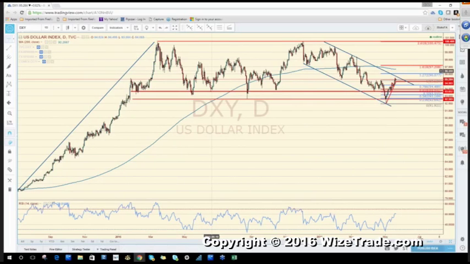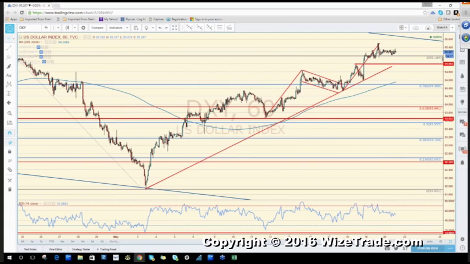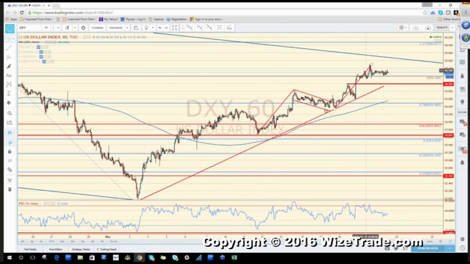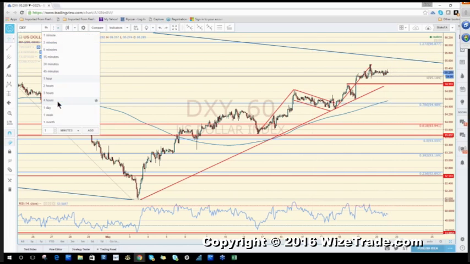Here's the dollar index. Now on the dollar index, we're moving right into very key resistance. We had our flag pattern yesterday. We tweeted that yesterday morning, right at the highs, reversed at 95.50. Now key resistance is going to be, let's double check that really fast.